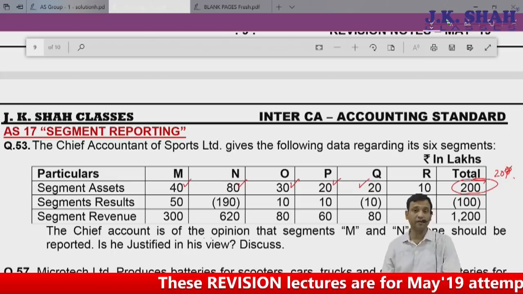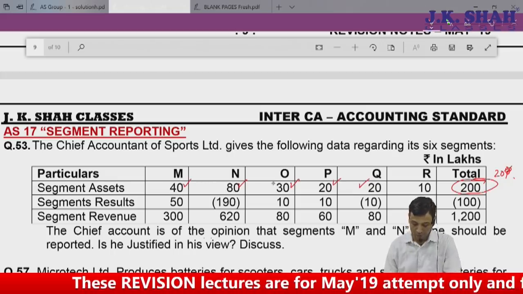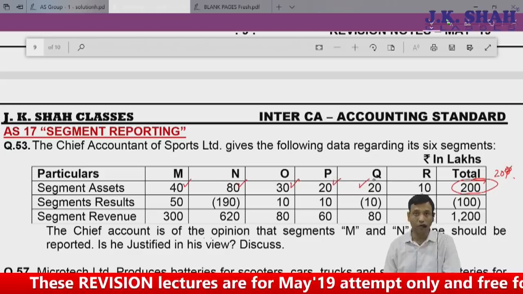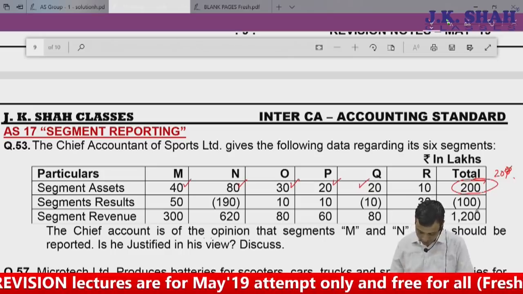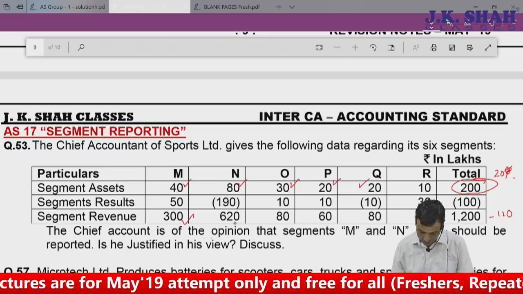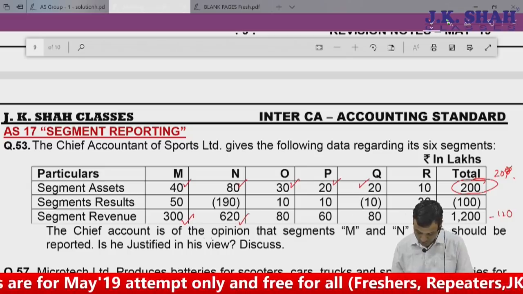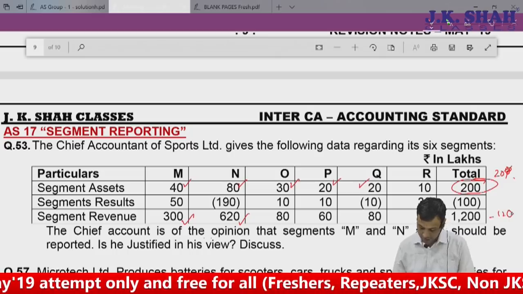Segment assets: if your segment assets are 10% of your total assets, it is reportable. So M, N, O, P, Q are all satisfying the asset criteria of 10%. Coming to the revenue criteria, the total is 1200, so I need 120. Only M and N are fulfilling this criteria.